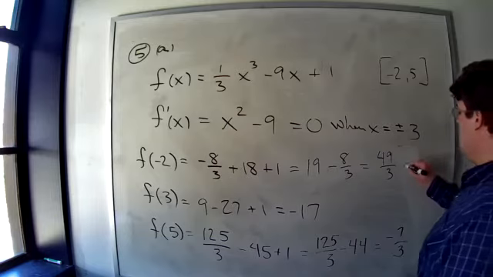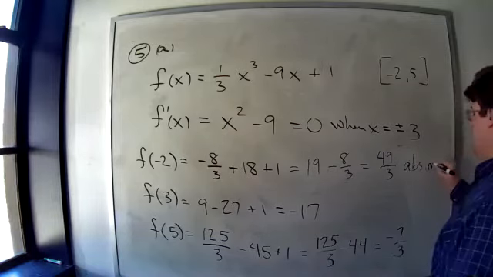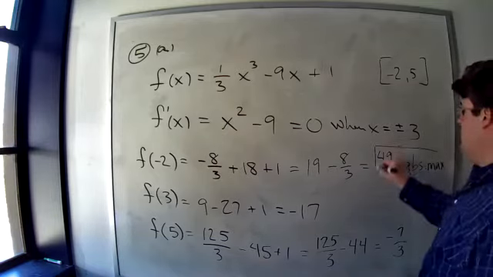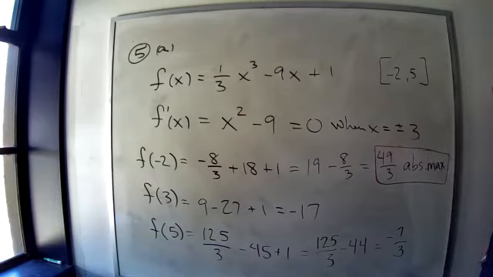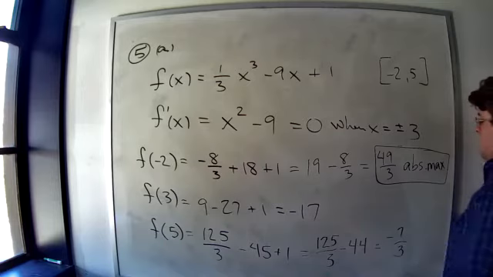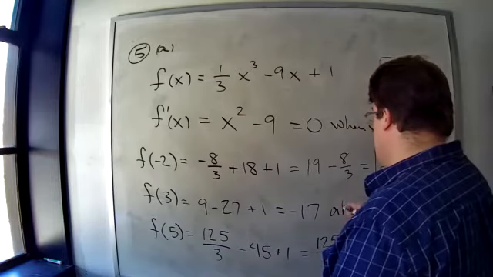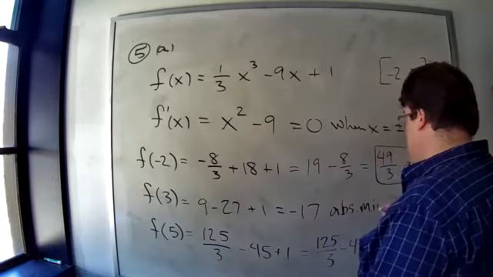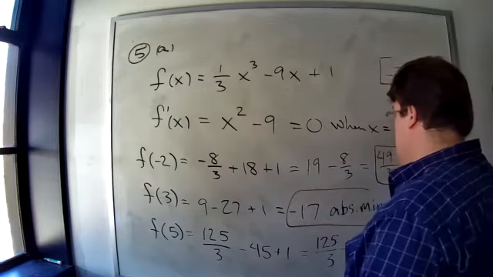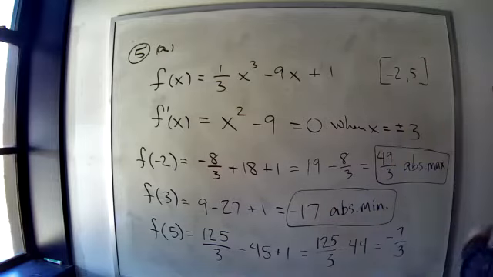Well, that's the only positive one. So there's our absolute maximum. Which is smaller? Well, that's almost 0. That's pretty far from 0, so that's the smallest. So that's our absolute minimum. And it occurs at -2, the other occurs at 3. Any questions about part A?